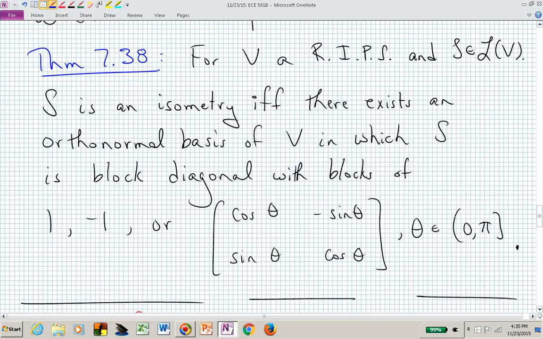Then the 1 block would be either 1 or minus 1, and the 2x2 block of that odd isometry, that third order isometry, is now having this structure. So you can have isometries that are any size, but now you know they have to be square. These are operators. But they could be any integer size. Does that answer your question?